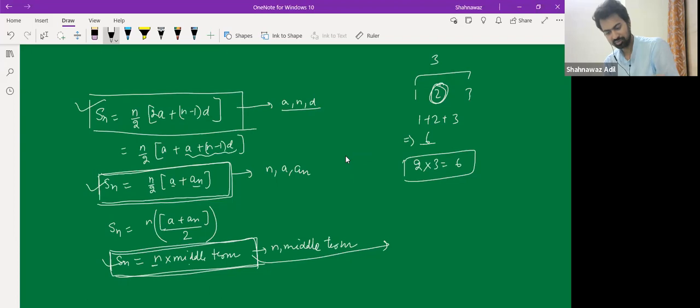Sir, the second one and the third one are the same, right? Which one? No, this Sn by 2 bracket, that a, that one only. Oh, this one and this one. No, the last two. Yeah, so this one I just wrote the bracket to specify that this can be written as the middle term, right?